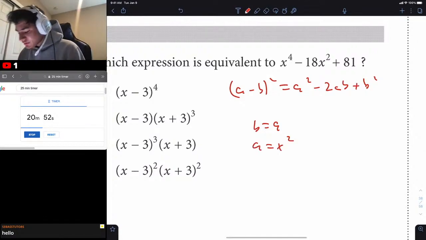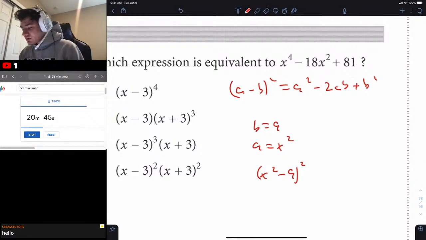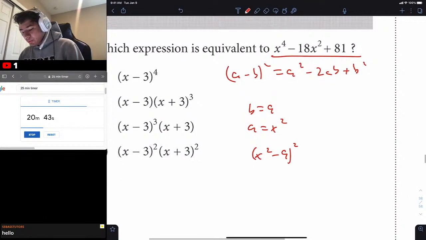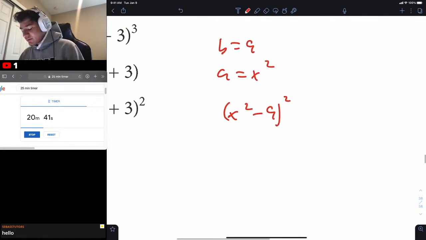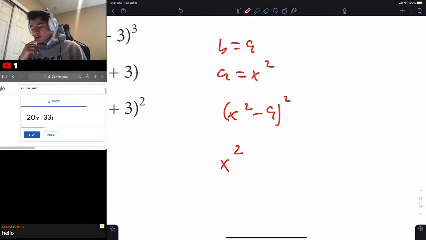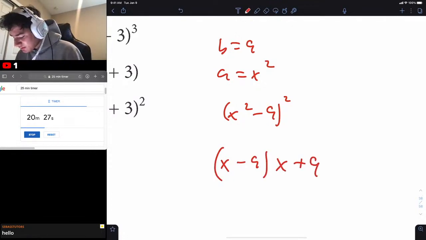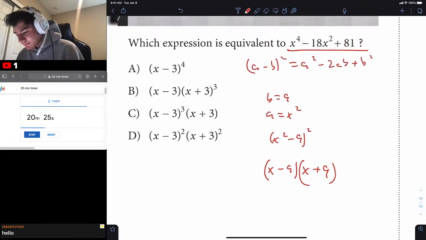Cool. So then I get x squared minus 9 squared is equal to all this. Alright, now I gotta simplify this down, and I can do a difference of squares, right? So I get x squared. Ooh, wait, hold on. No, it's not gonna be x squared, sorry. x minus 9, and then x plus 9. Kinda like that.